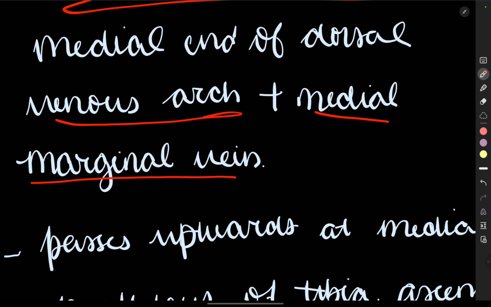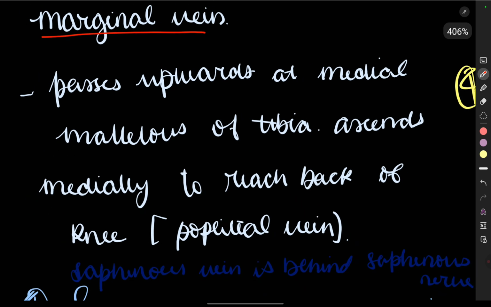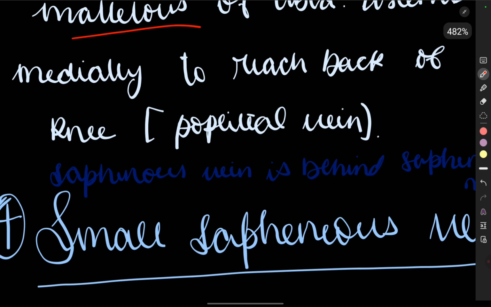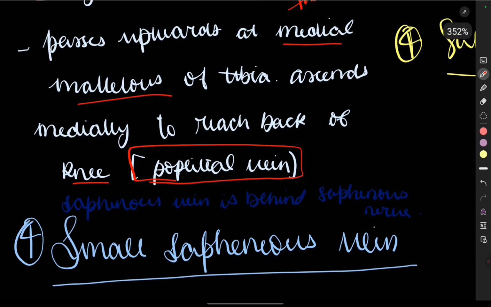The medial end of the arc and the medial marginal vein form the great saphenous vein, which passes upward at the medial malleolus. I told you, the medial malleolus is present on the medial side of the tibia. It ascends medially to reach the back of the knee, to the popliteal fossa, where it continues as the popliteal vein.